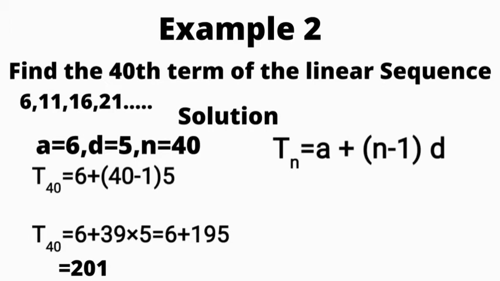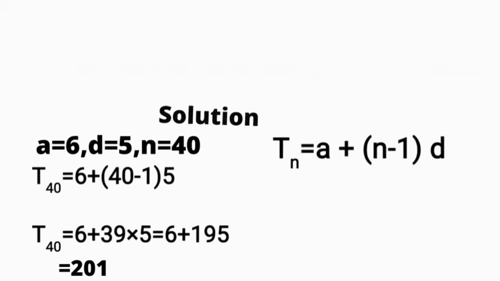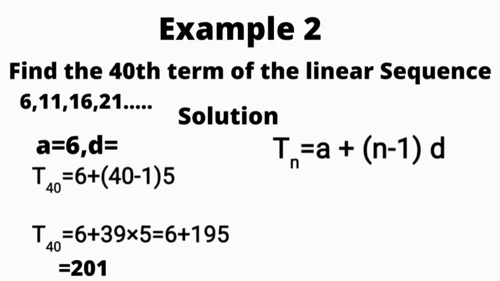Nth term of a linear sequence is equal to A plus n minus 1 D. Then T subscript 40 is equal to 6 plus 40 minus 1 times 5. And to solve further, T subscript 40 is equal to 6 plus 39 times 5, which is 6 plus 195, and that gives us 201.